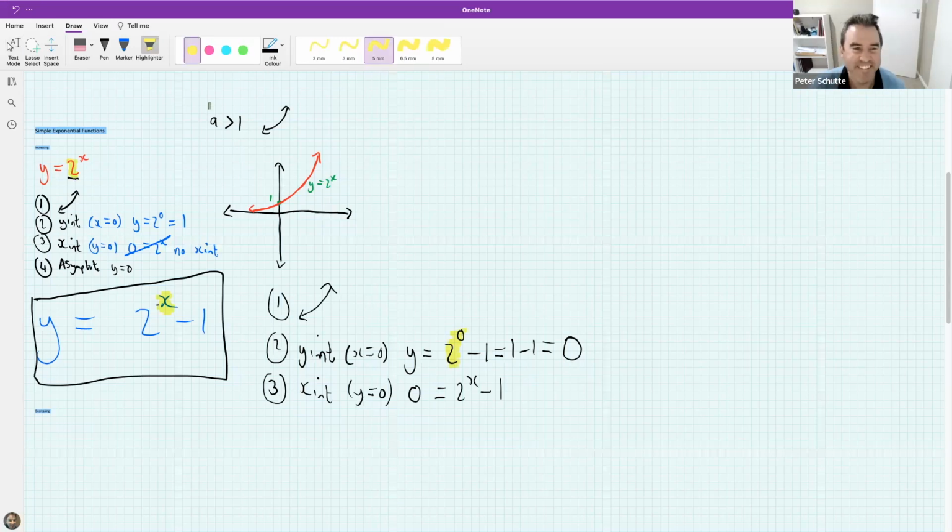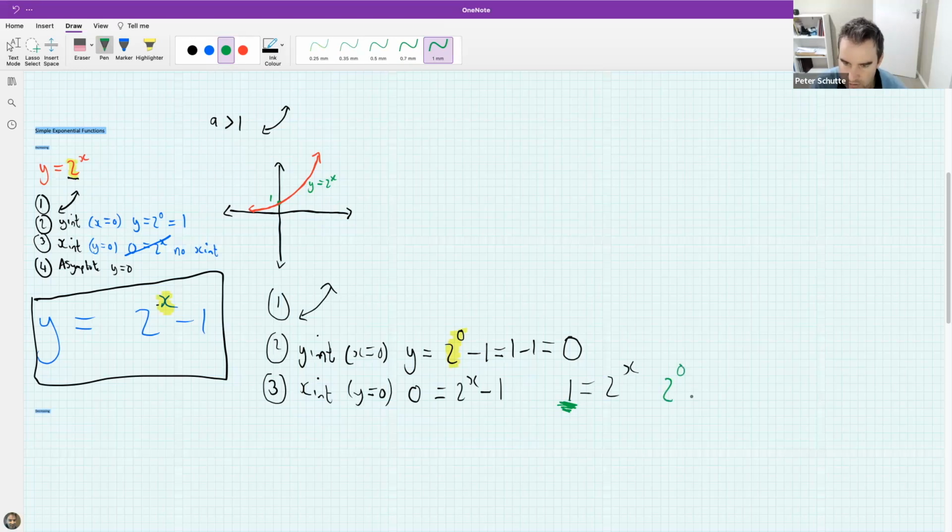And then for the x-intercept, okay, this is a bit tricky, but some of you might spot this. This is an exponential equation, and the only way I can solve an exponential equation is if the bases are the same on both sides. So I really want to turn this 1 into a 2.